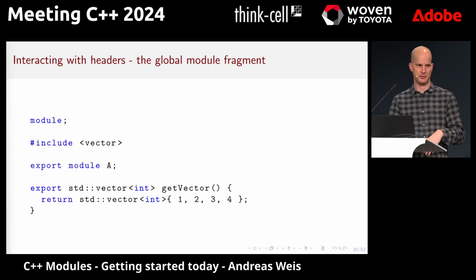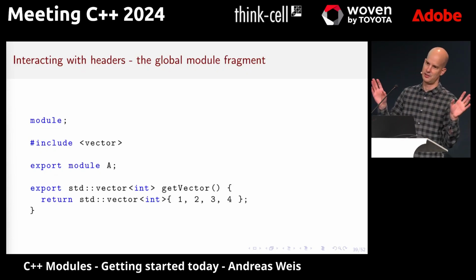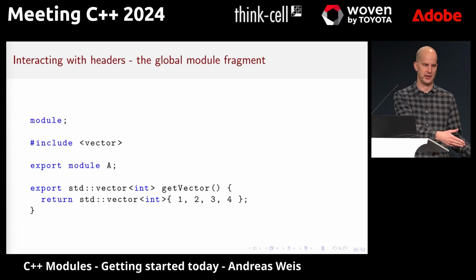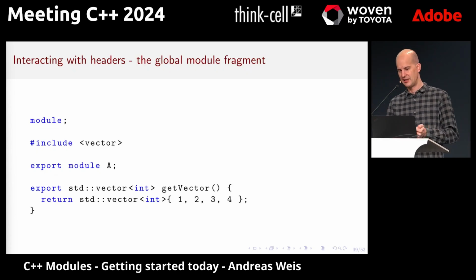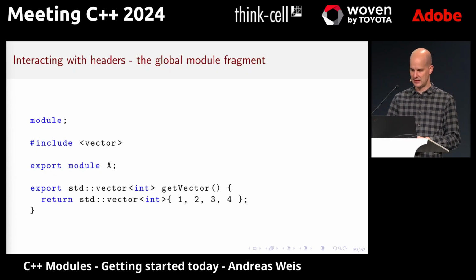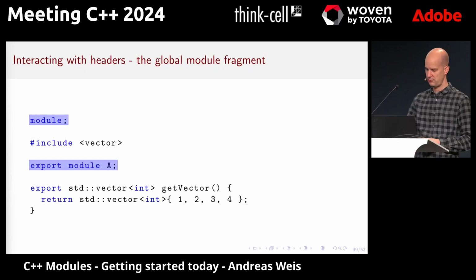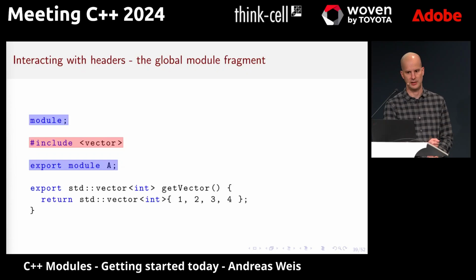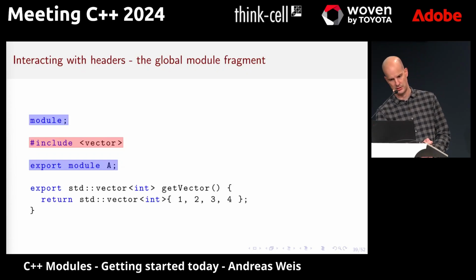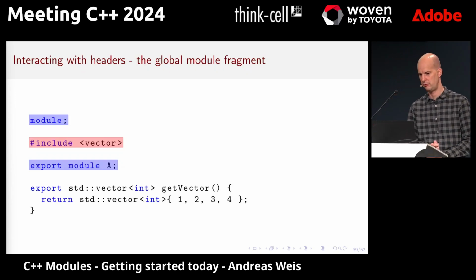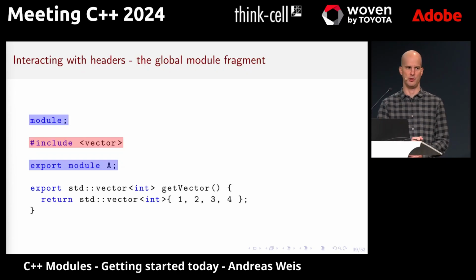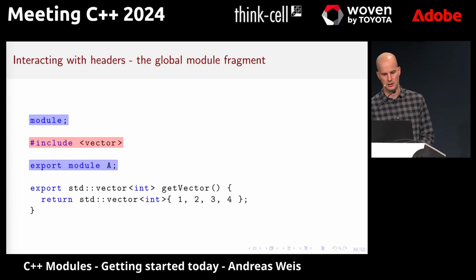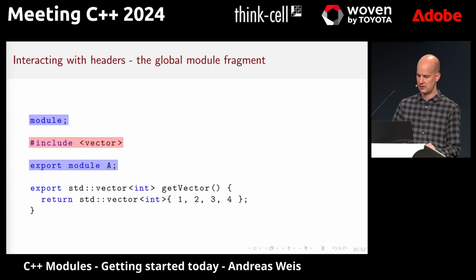This tells the compiler, hey, there's a module in here, but I'm going to do some other stuff before I actually show you what the module is. And then, in between these two, that's where you can put your header files.